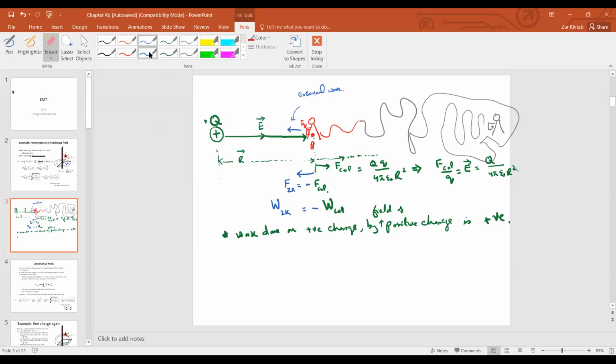Work done on a positive charge by me, in the presence of positive charge capital Q, is negative.